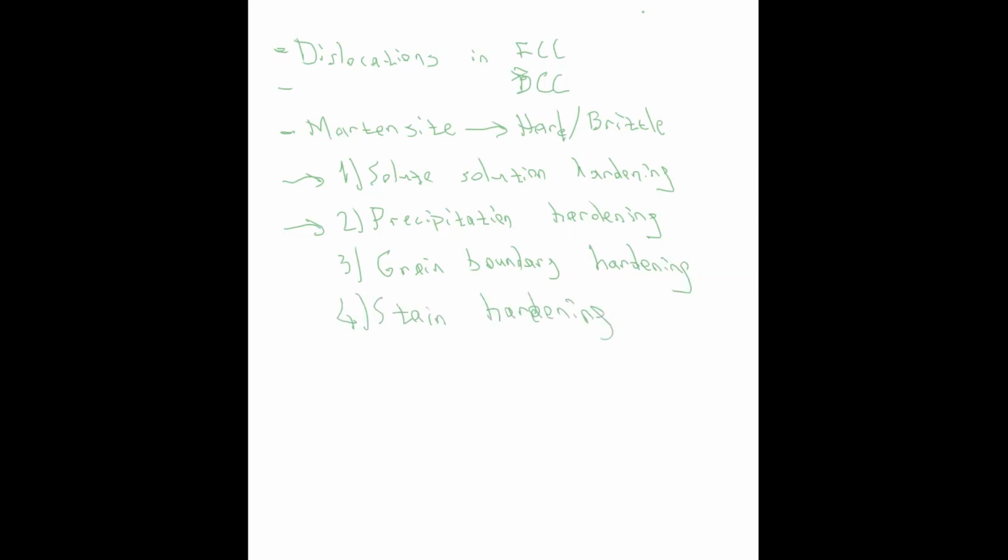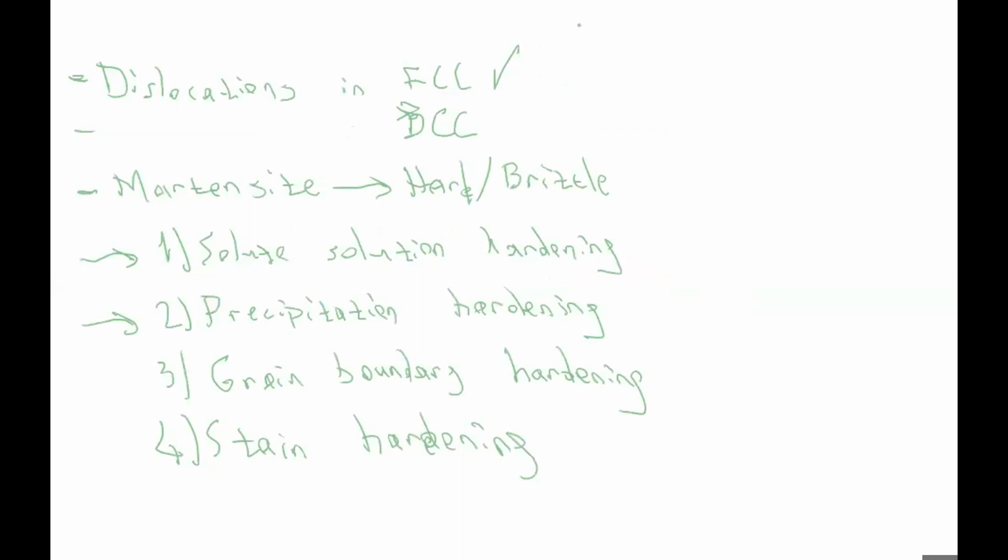All right, so we have about 50% of this part covered. Let me give you a brief reminder. We said that FCC materials are soft materials, and the reason is that slip is very easy in FCC.